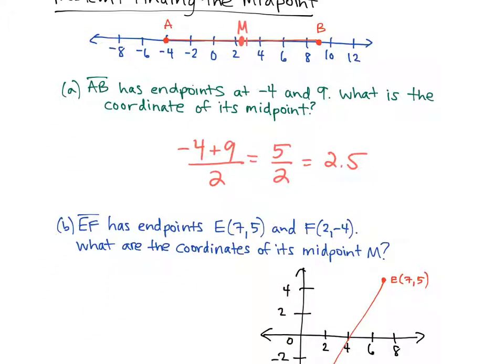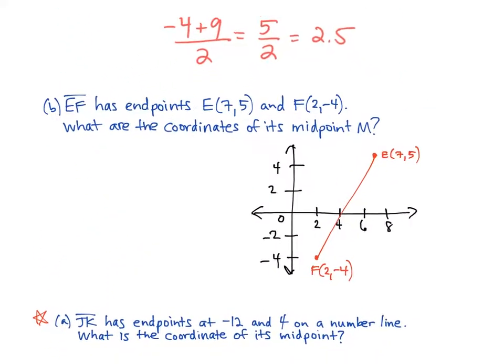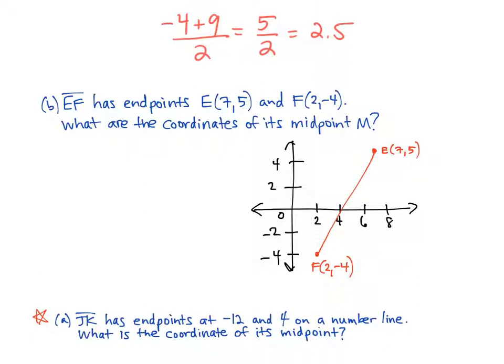Okay, and then on the coordinate plane, in this example we have one endpoint at 2, -4, one endpoint at 7, 5. So in order to find the midpoint here, we're going to take the average of our x's, so 2 plus 7 divided by 2, and then the average of our y's, -4 and 5, -4 plus 5 divided by 2.